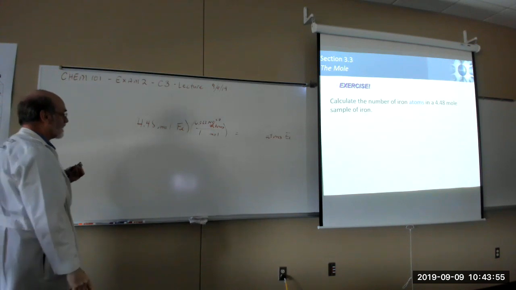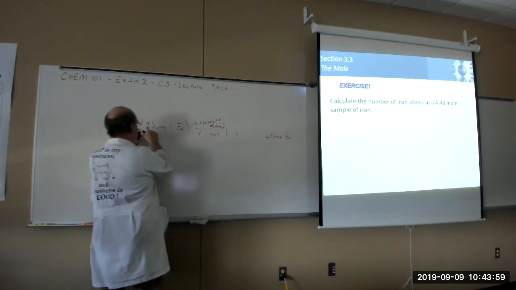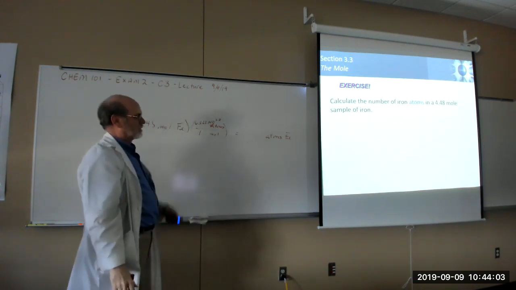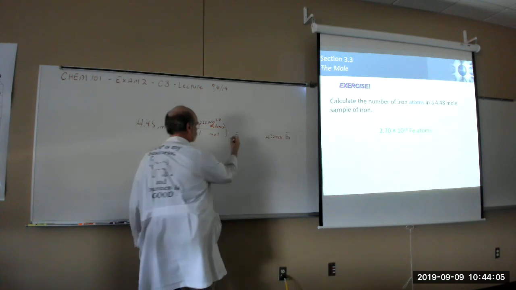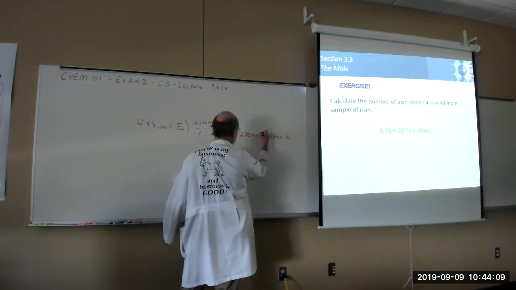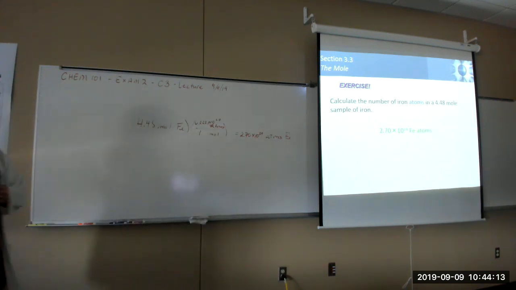So you multiply. Now that we've got the moles canceled, that left us with atoms. 4.48 times that value will give us 2.70 times 10 to the 24 atoms of iron. So we have counted the number of atoms.